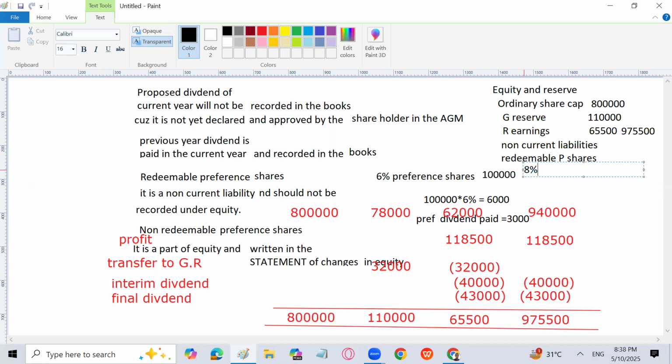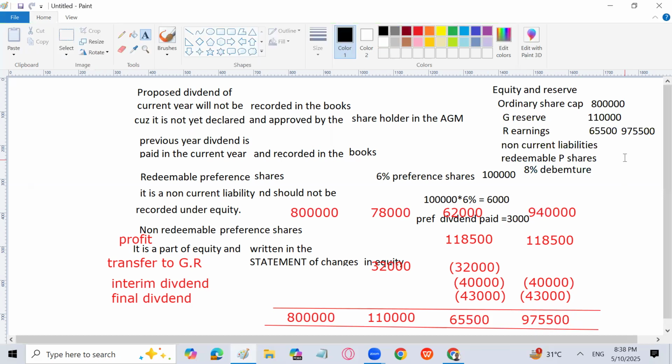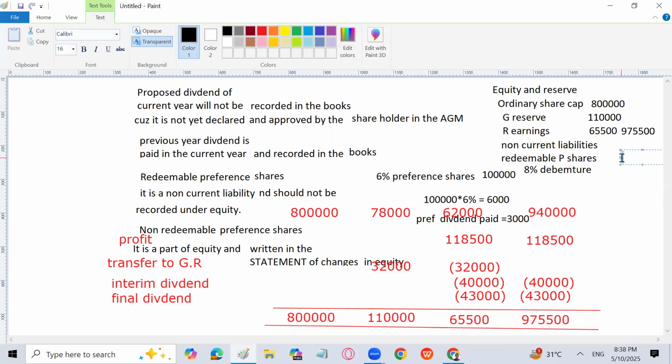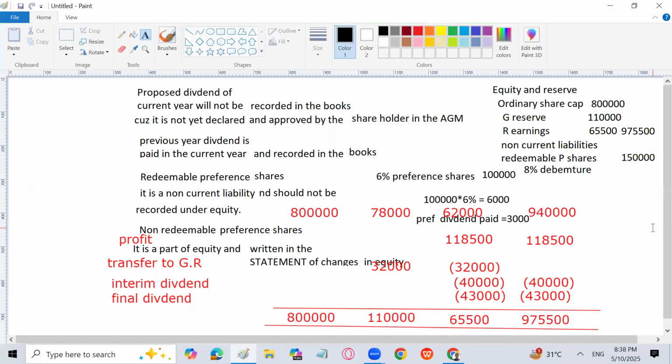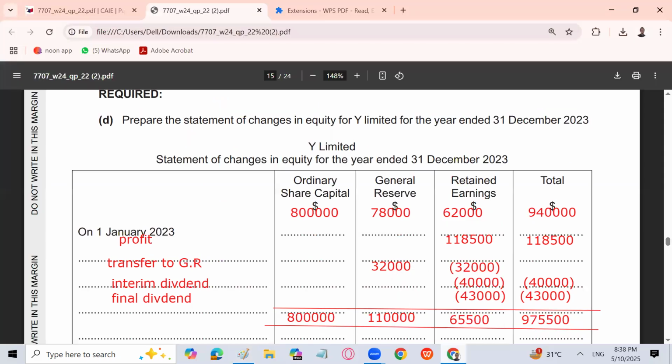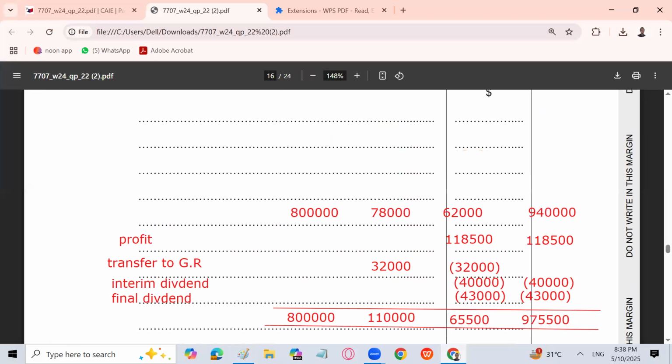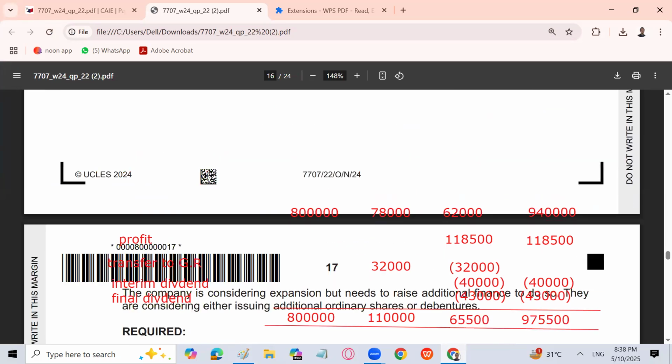I'm just writing it so that you understand that 8% debenture does come in the non-current liability section, that is 1,50,000. I just wrote it down to make you understand that this could be part of this particular scenario, which I have already solved for you. Only 2 marks are given for that.